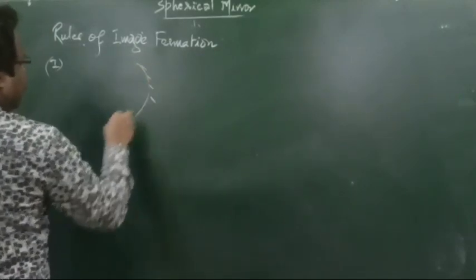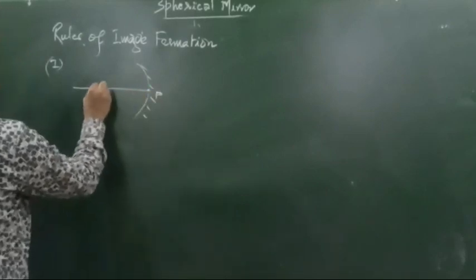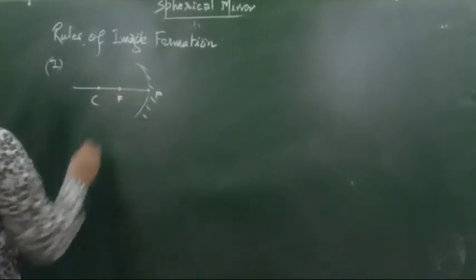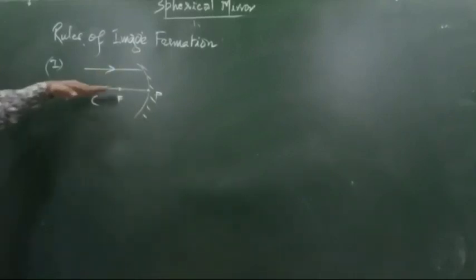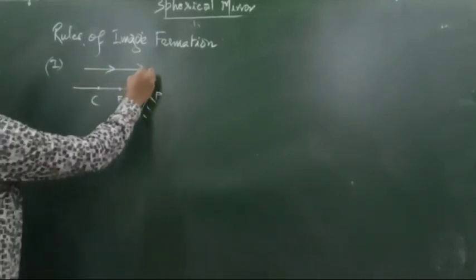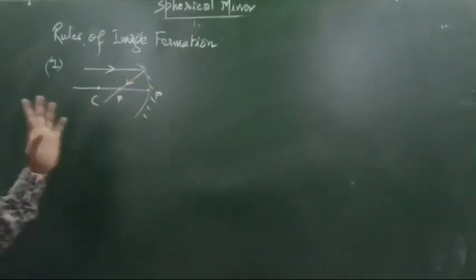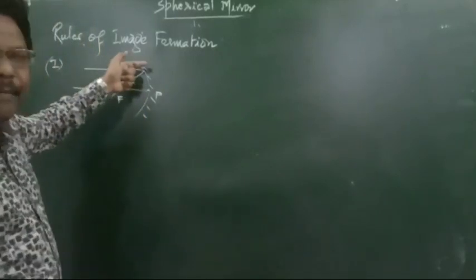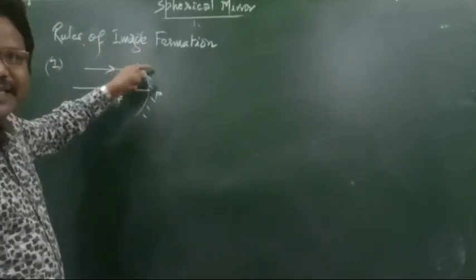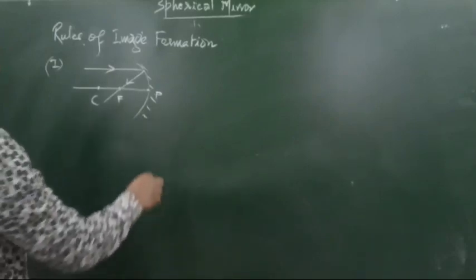Here's your concave mirror and pole, center of curvature, focus. When a ray is incident parallel to the principal axis, then the ray will pass through the focus. The first rule. You got the point? When the ray is incident parallel to the principal axis, then it will pass through the focus, as we have studied in the definition of focus.